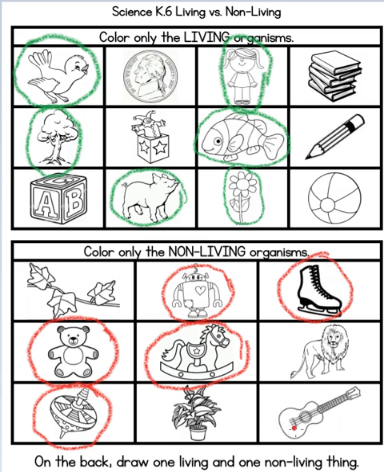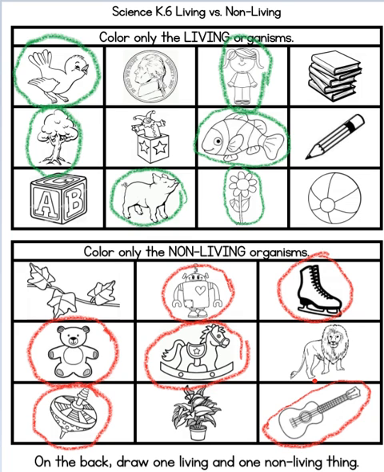And then last, we have a guitar. A guitar is a musical instrument, which is not a living thing, and we are going to circle that. So at the bottom are non-living things that we colored or circled. We circled a robot, an ice skate, a teddy bear, a rocking horse, a top, and a guitar.